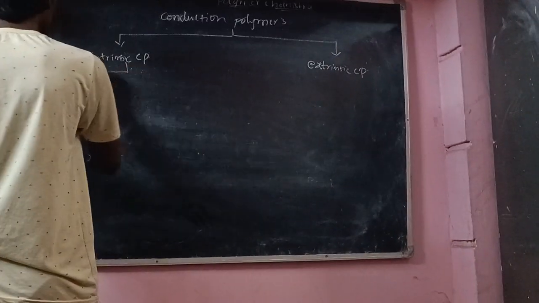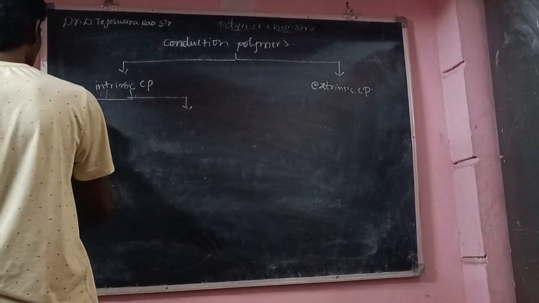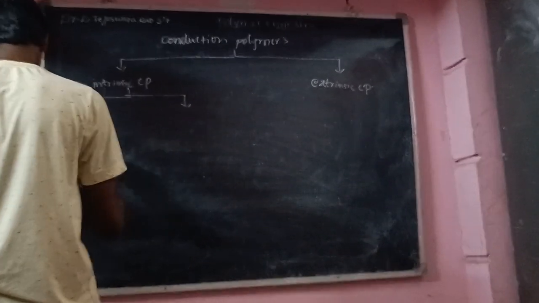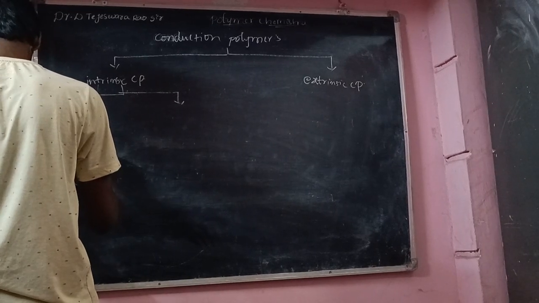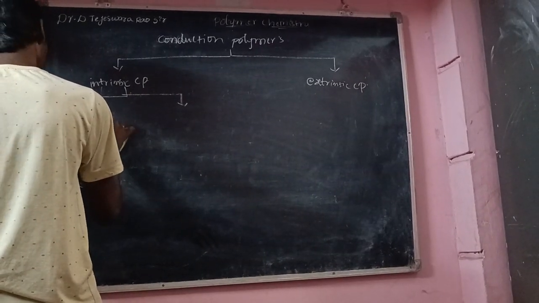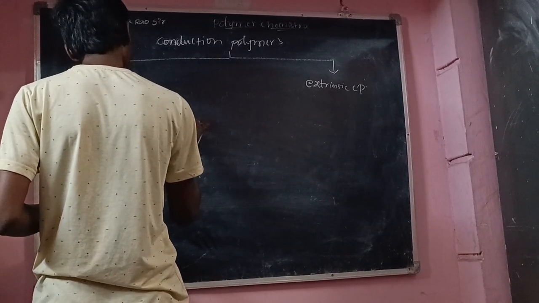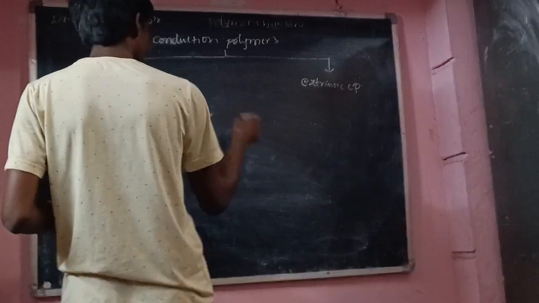And intrinsic polymers are classified into two types: conjugated conducting polymers and doped conducting polymers.